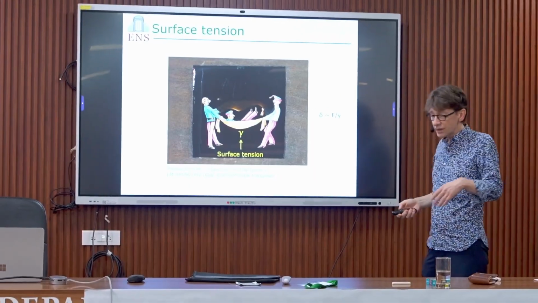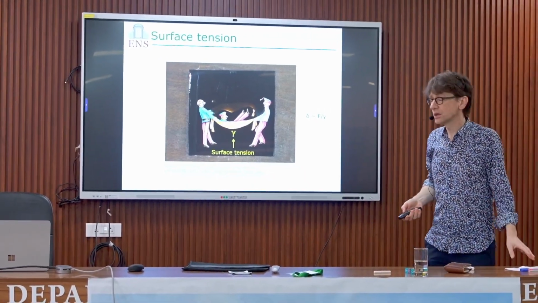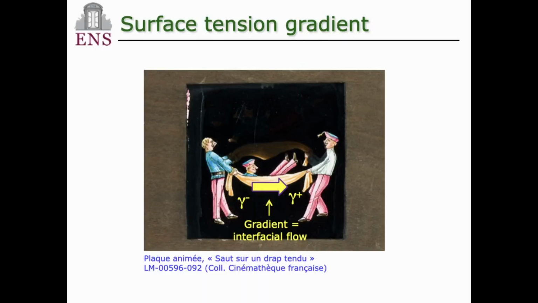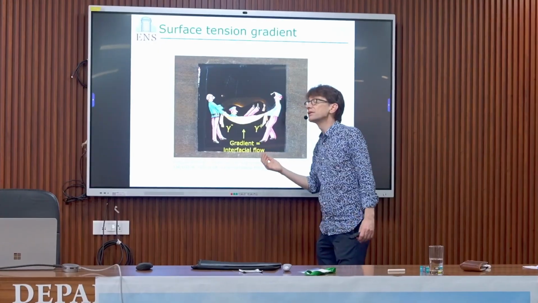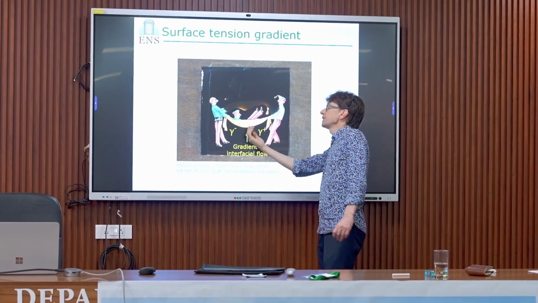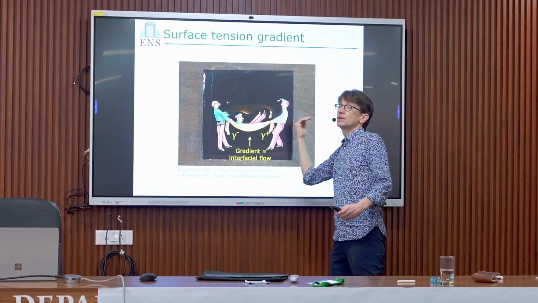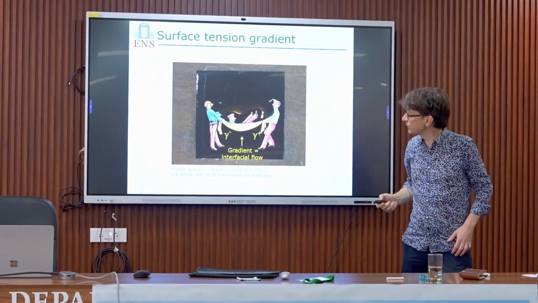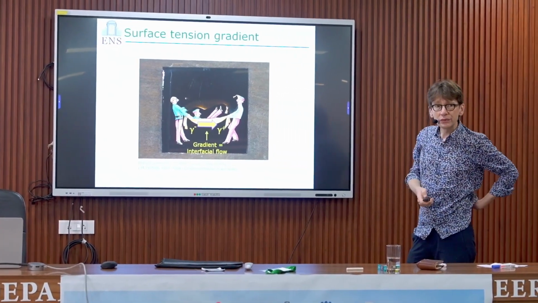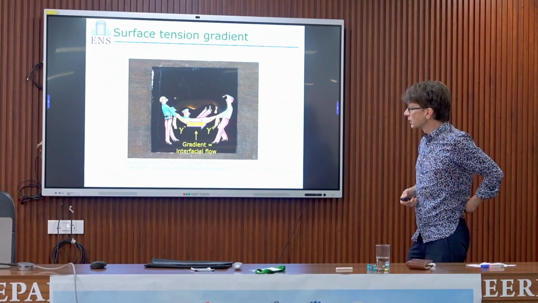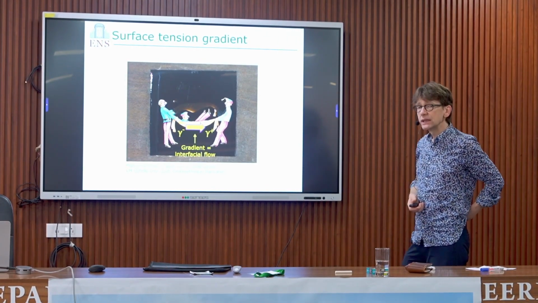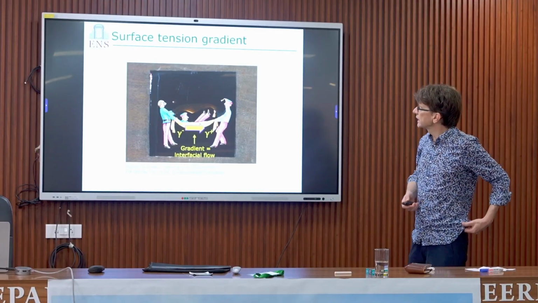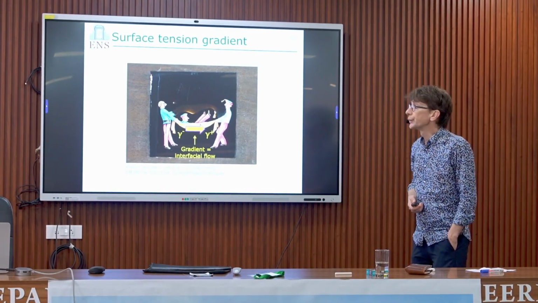And then if you just consider this idea of tension, you understand that if I have a gradient of tension, then this liquid will pull the liquid here. Okay, so if you pull more here, you will have a flow. And this flow is, as most of you know, called a Marangoni flow. So when you have an interfacial gradient of interfacial energy, then you need to have a flow.